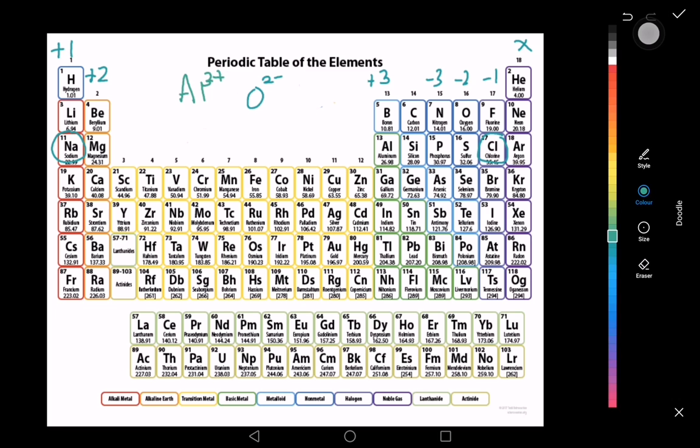To make the charge the same, we need to multiply this with 2 and this with 3. The charge for aluminum is 6 and the charge for oxygen is negative 6. Then we can write Al2O3. So we need 2 aluminum and 3 oxygen for the charge to be balanced.